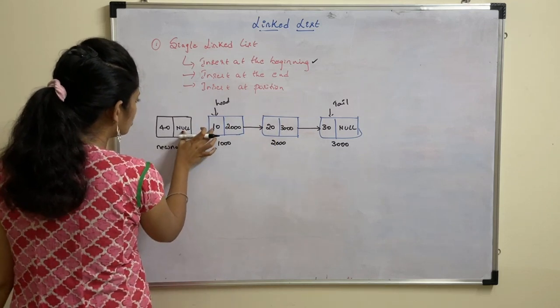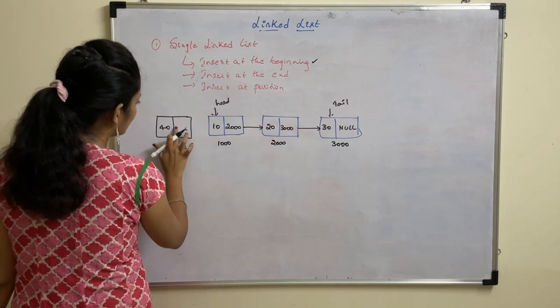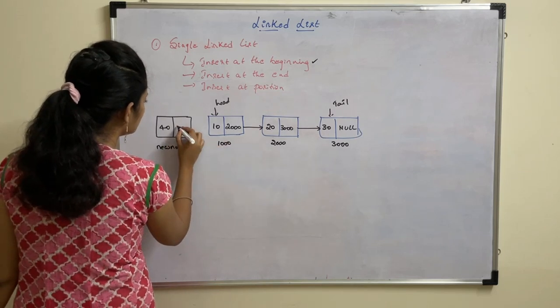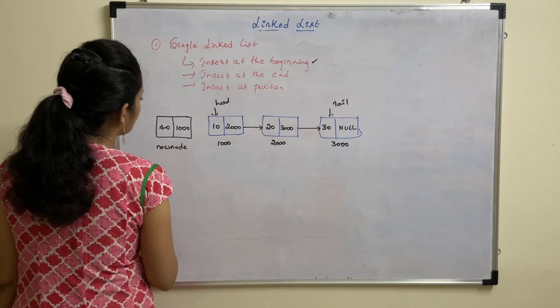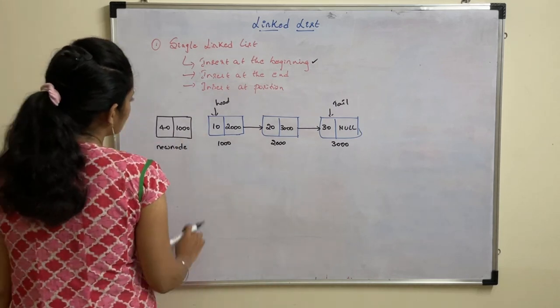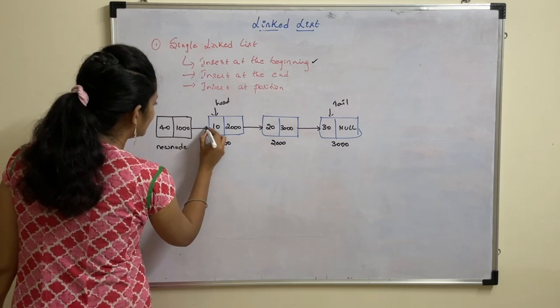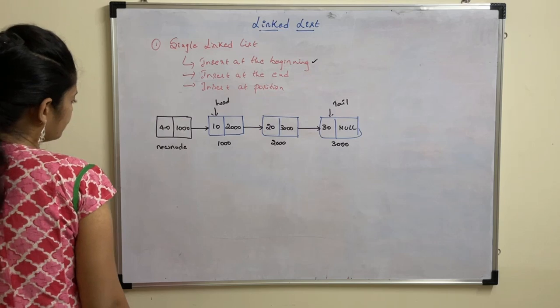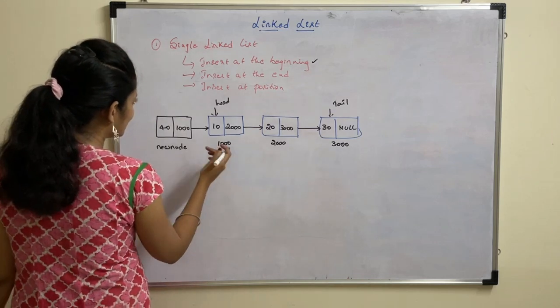So now I want to join these 2. For that, what should I do? Here I need to place the address of this first node in this field, right? So now this link will be formed and these 2 nodes will be connected with each other. And what is the second step?